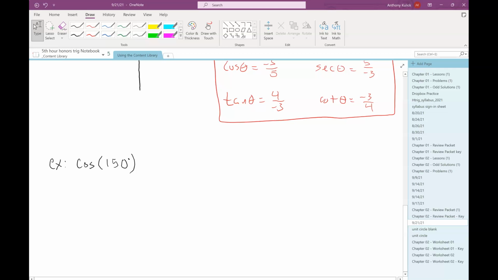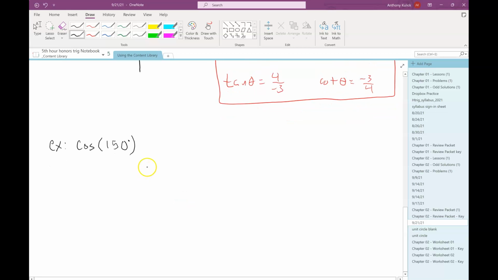I think that really helps connect the concepts and put these pieces together. So I'm going to start by drawing the standard position angle for 150 degrees. So initial side, and then 150 degrees is like over here. I'm going to make my triangle.